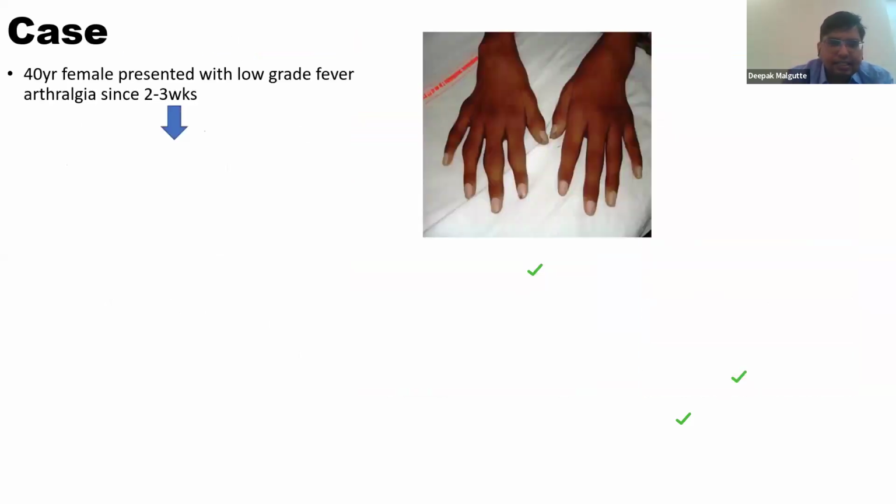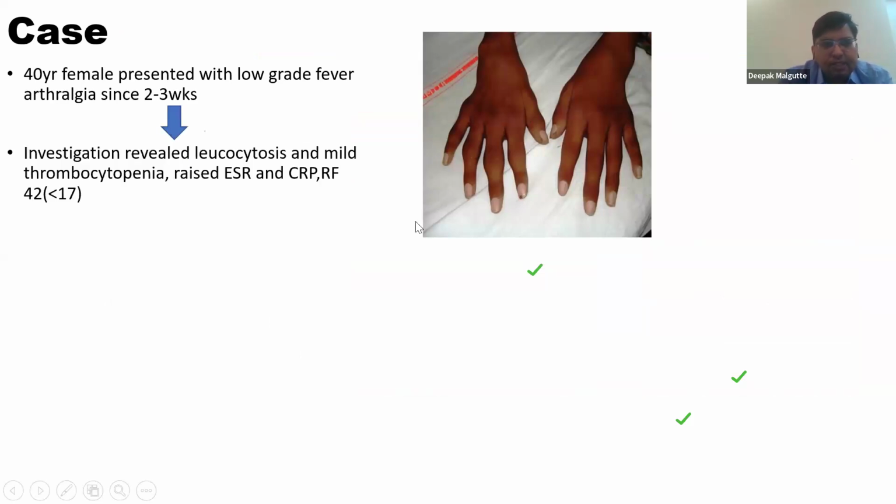Now let's see this case scenario where we had a 40-year-old female who had a low-grade fever and arthralgia since 2 to 3 weeks. Here we can appreciate that she had PIP and MCP joints swollen significantly. On evaluation, she had leukocytosis, mild thrombocytopenia, raised inflammatory markers, and RF being positive.